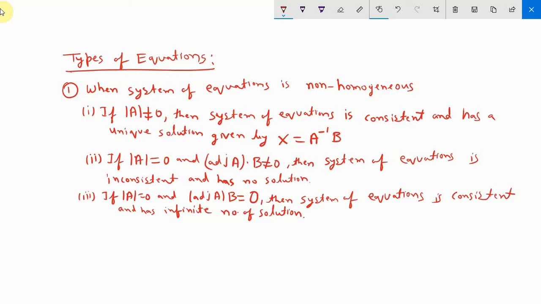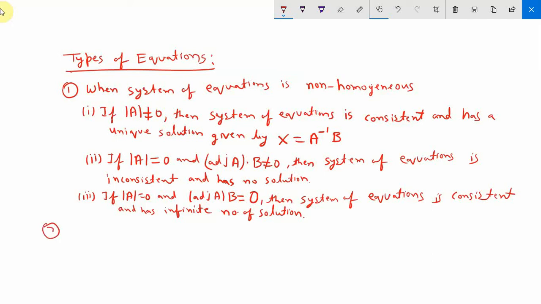Second case is determinant of A equal to 0 and adjoint of A into B is not equal to 0. In this case, we will have no solution. Third case is determinant of A equal to 0 and adjoint of A into B is also 0. Then system of equations will have infinite number of solutions.